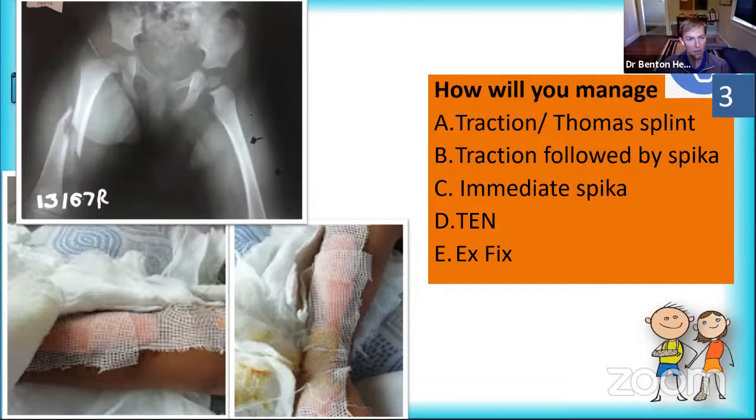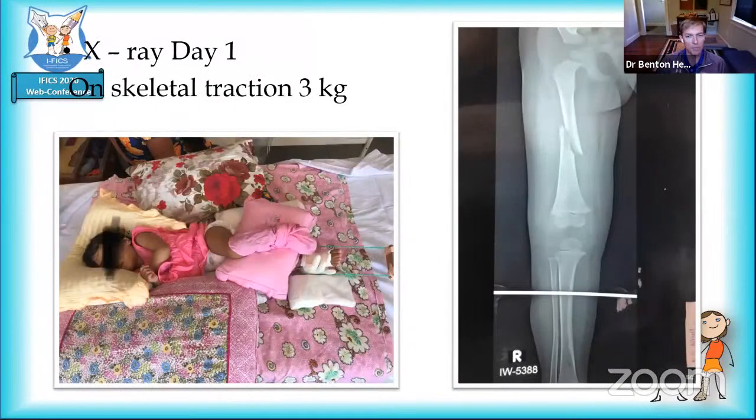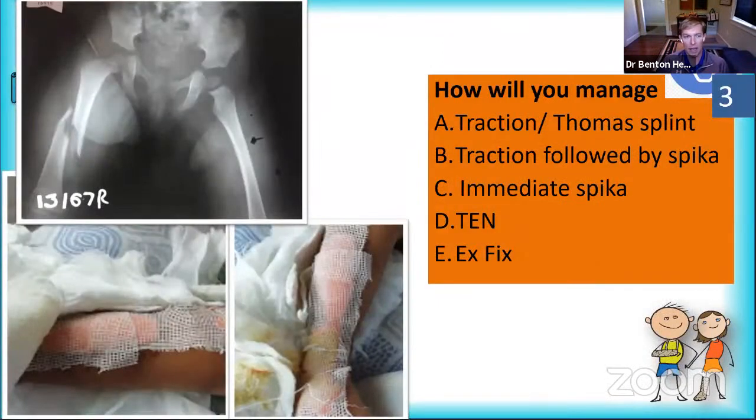And with a fairly simple procedure, despite it being a little bit length unstable, I feel that elastic nails, while needing a removal of hardware procedure in this age group down the line, would be a small perturbation for the family. So I would favor elastic nails in this 3-year-old.